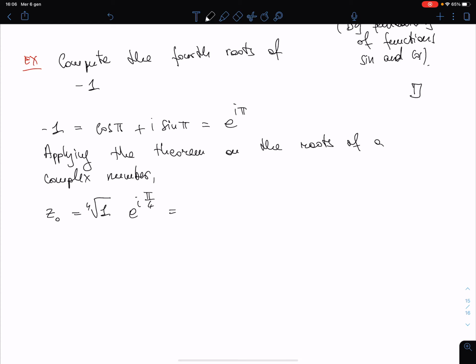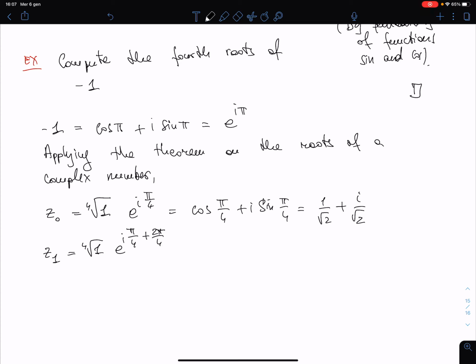Okay? And so this means that it is cosine pi over 4 plus i sine pi over 4, and this is 1 over square root of 2 plus i over square root of 2. Z1 is again the fourth root of 1, which is again 1. And then you have e to the i pi over 4 plus 2 pi over 4, which is pi over 2.